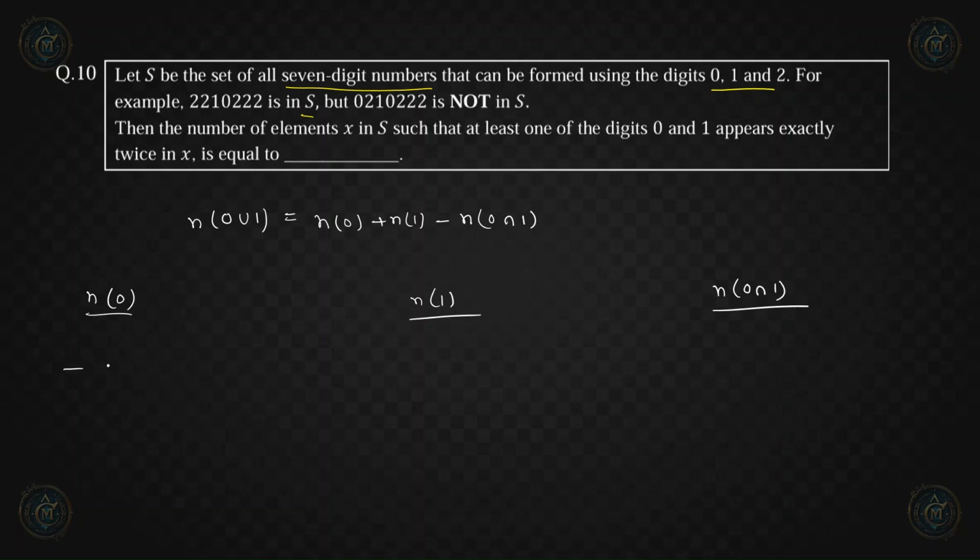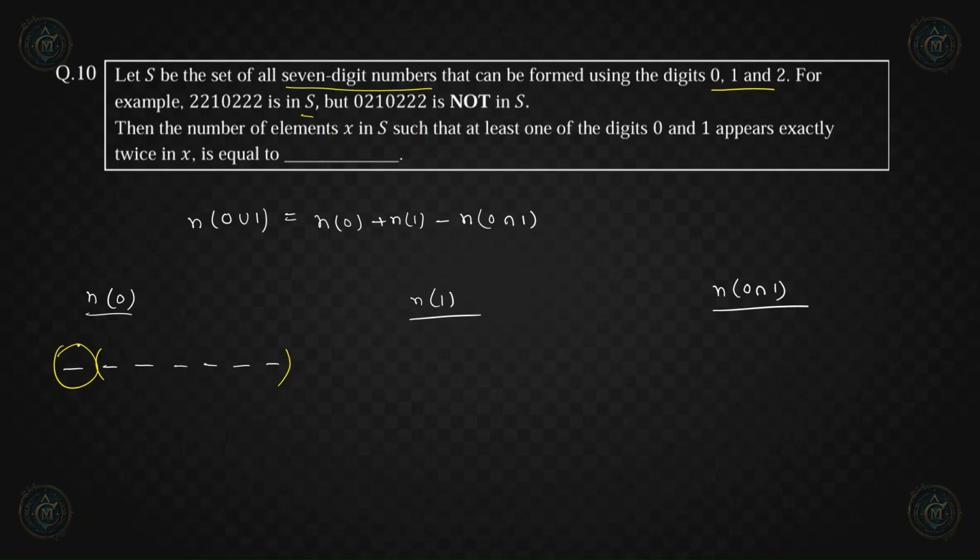N of 0 will be, let us count, this will be 7 places for this 7 digit number. Now we have to choose 2 places out of these 7 places so that this number is a 7 digit number, as well as we can place the 2 zeros in those 2 chosen places. Let's say we select 2 places among these 6 places, because we are excluding this place.